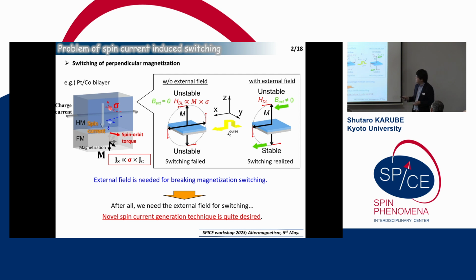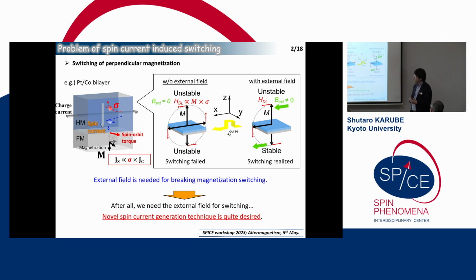for example, in the platinum cobalt bilayer system, via the spin Hall effect, we apply the charge current into the platinum layer, we can generate spin current, and then finally the spin-orbit torque is affecting the magnetization.